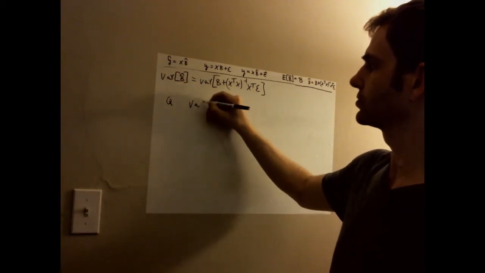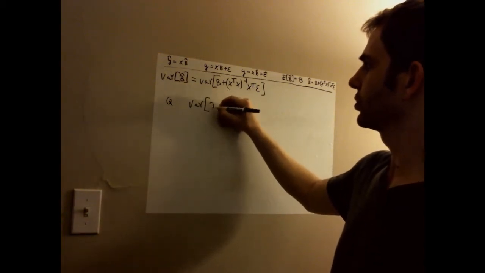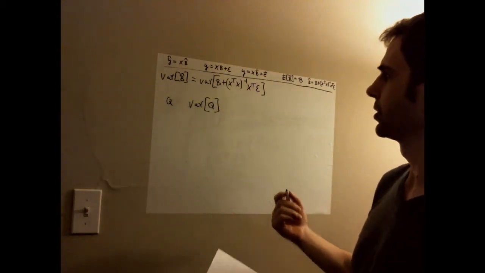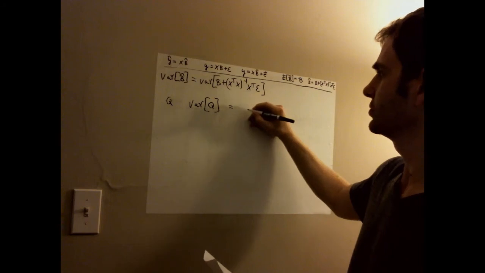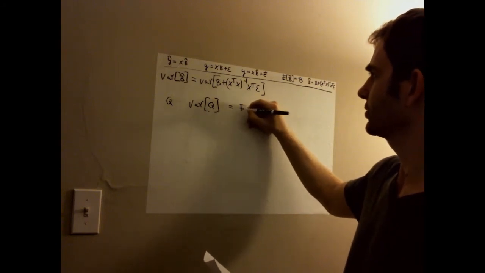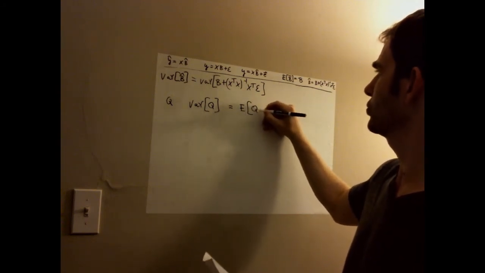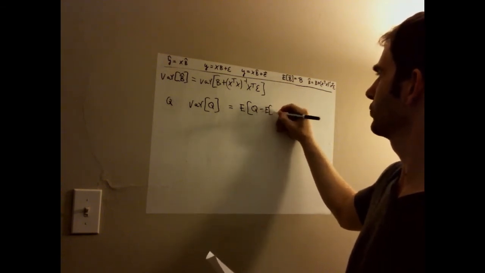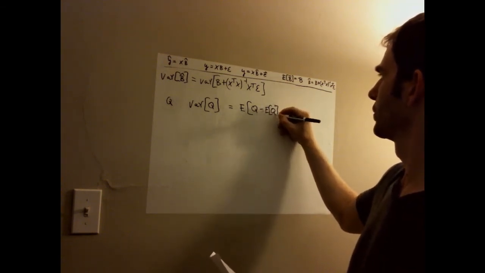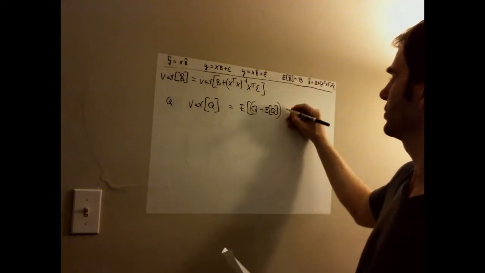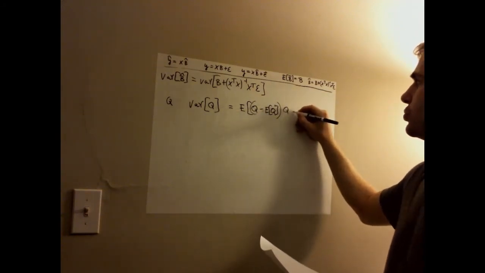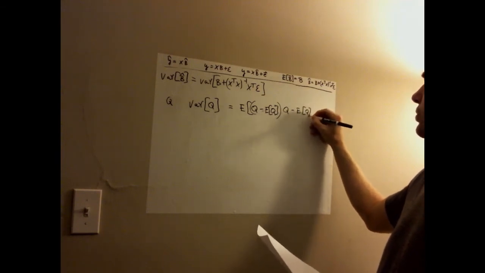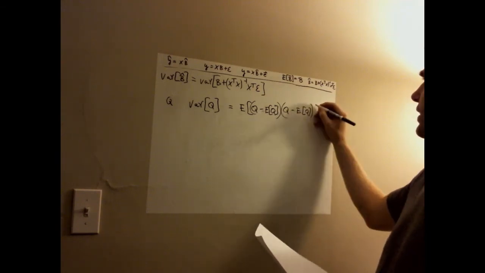Then the variance of q, if q is a vector of multiple quantities, is equal to the expected value of (q minus the expected value of q), all of that quantity multiplied by (q minus the expected value of q), all of that transposed.